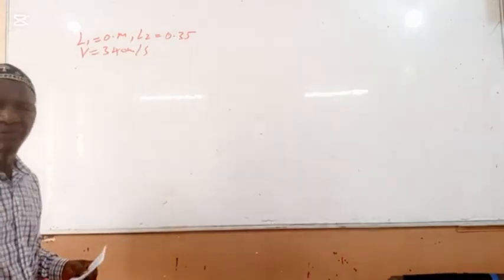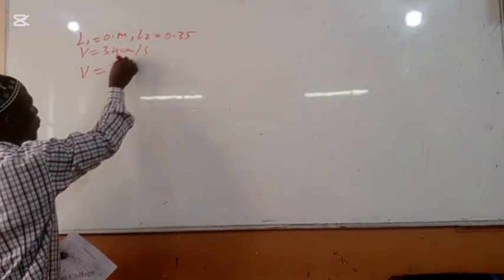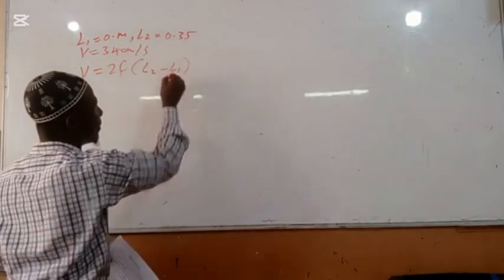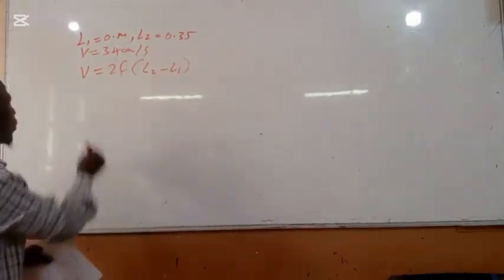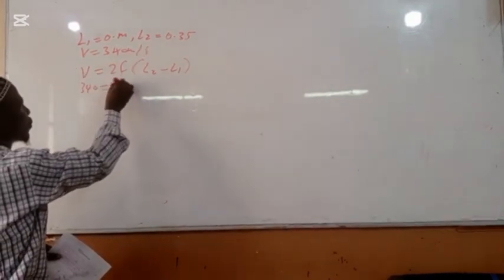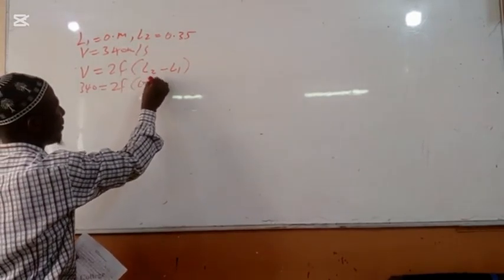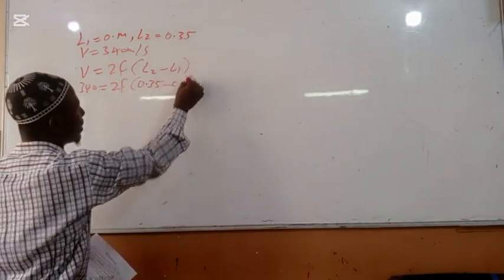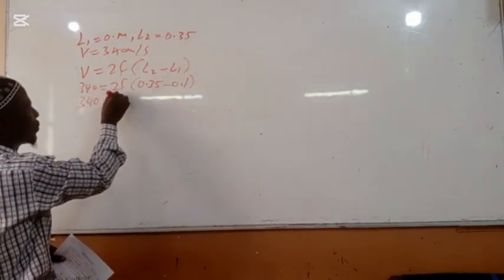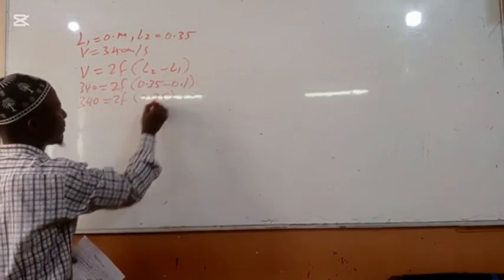So we are looking for the frequency. So we now use V is equal to 2F open bracket L2 minus L1. If you look at the question very well, we have 340 is equal to 2F open bracket 0.35 minus 0.1. So it will give you 340 is equal to 2F open bracket 0.25.